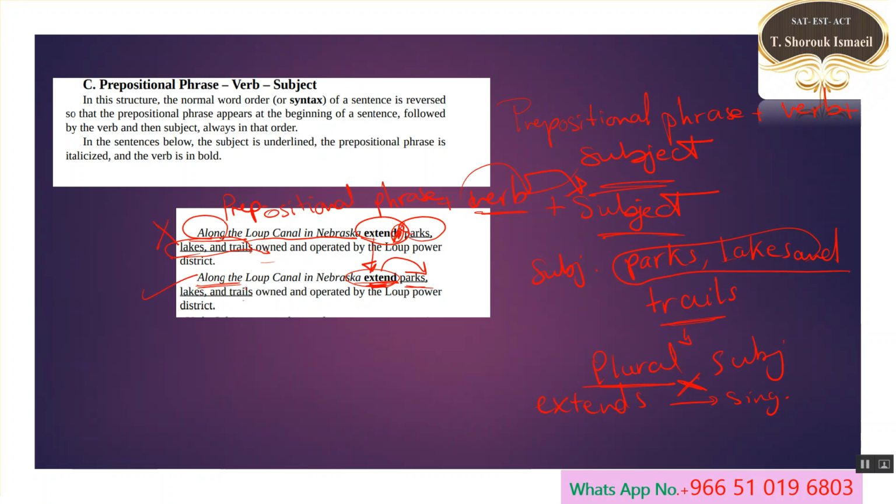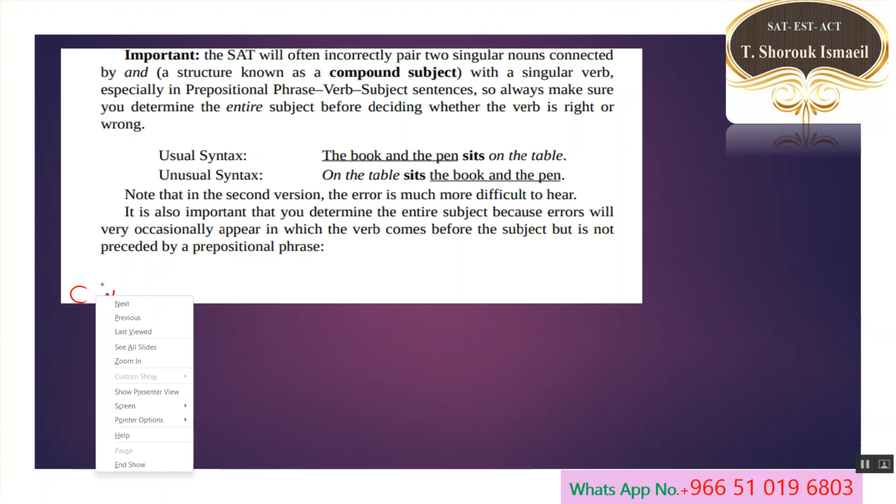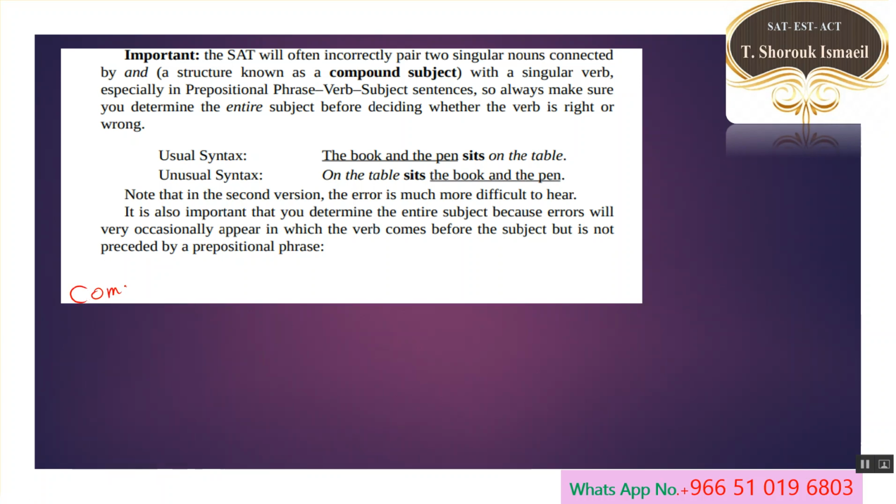Okay, let's move on. Here, you'll find sometimes that the subject is not a simple subject, it is a compound subject. What's the compound subject? It is a noun plus and plus a noun.